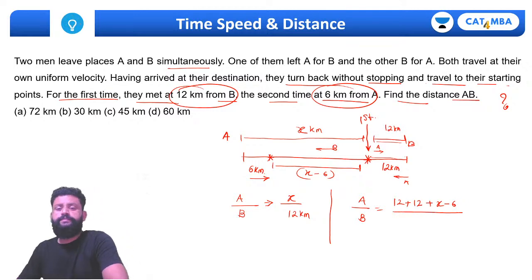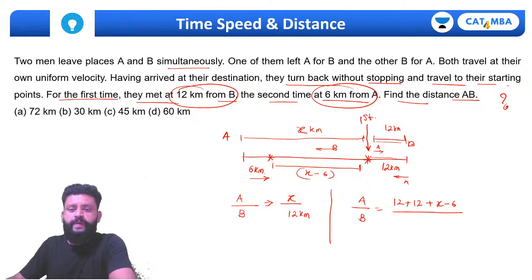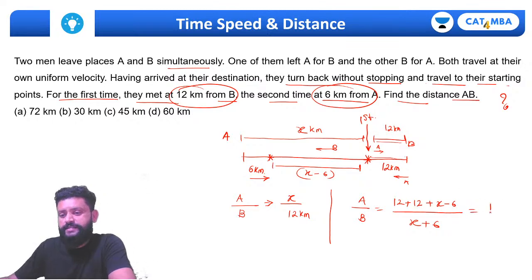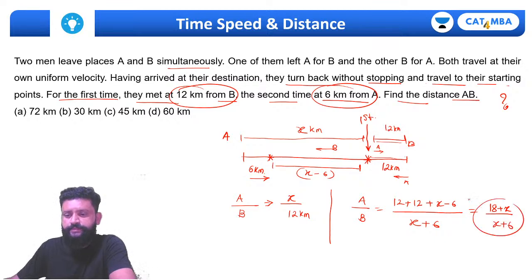And in the same time, B has traveled x plus 6. So we are getting this distance as 24 minus 6, which is 18 plus x for A, and in the same time B traveled x plus 6.